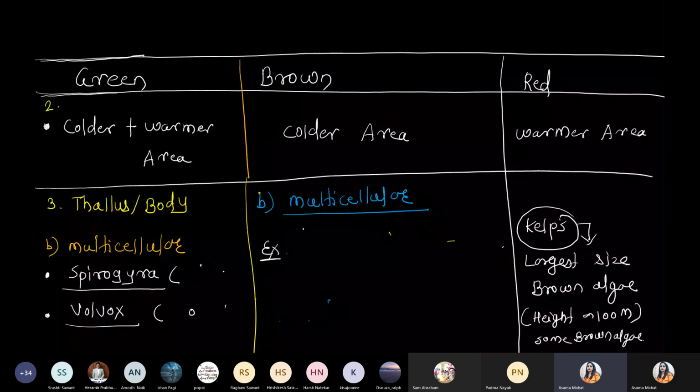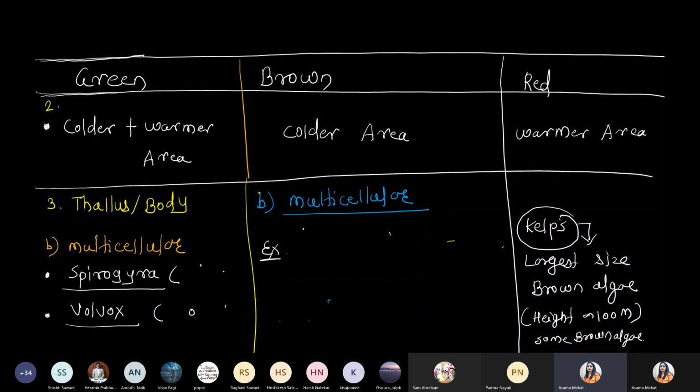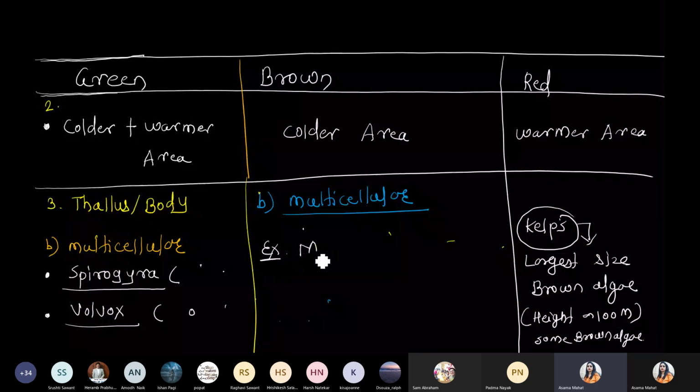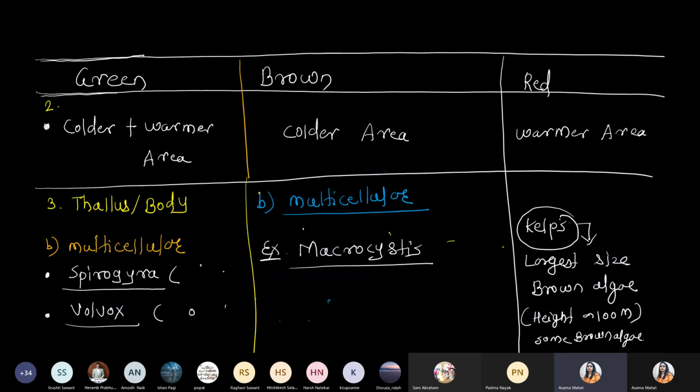So such type of brown algae having a larger size are also called macrocystis. Underline macrocystis, right? And the macrocystis word represents the largest brown algae.